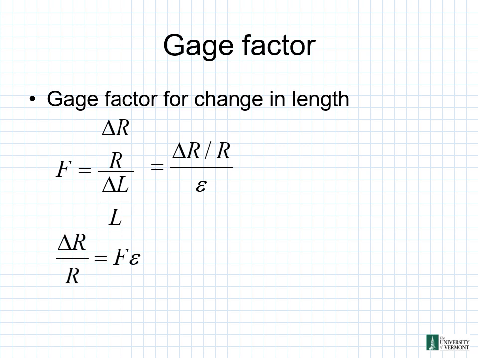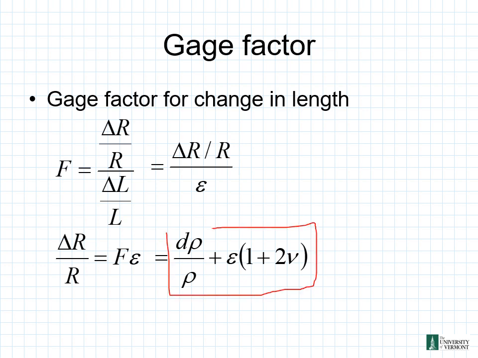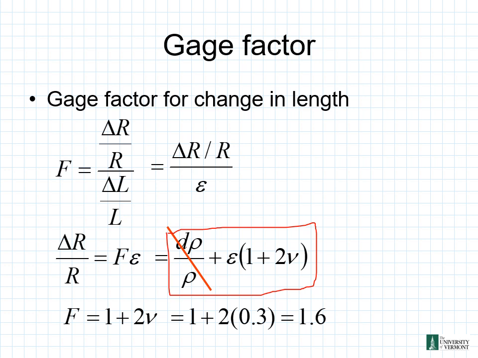If we rearrange this and solve for delta R over R, we have that delta R over R is equal to F times our epsilon, where we'd solve for our delta R over R or dR over R on our previous slide. So we can plug in that relationship for our delta R over R. We're left with this here. We can reduce that down. When we do that, we end up with F is equal to 1 plus 2v.